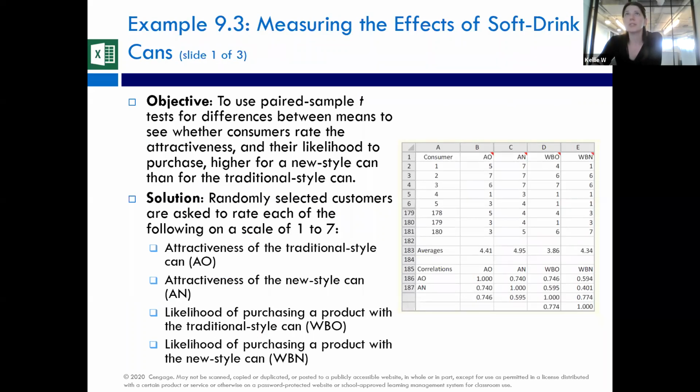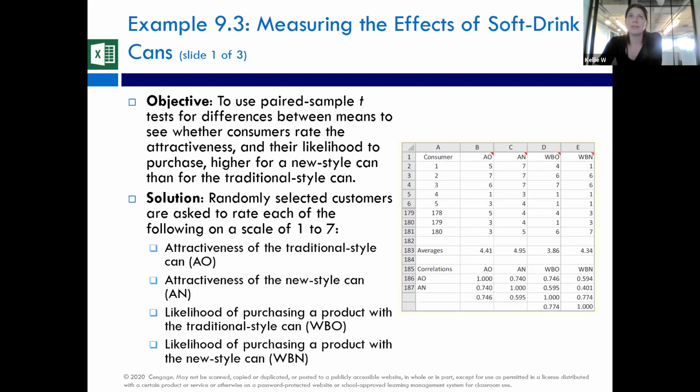So if we want to apply this to a real example, we're looking at the effects of soft drink cans. We can use a paired sample t-test for differences between means to see how customers are rating the attractiveness and their likeliness to purchase new style cans versus traditional style cans.